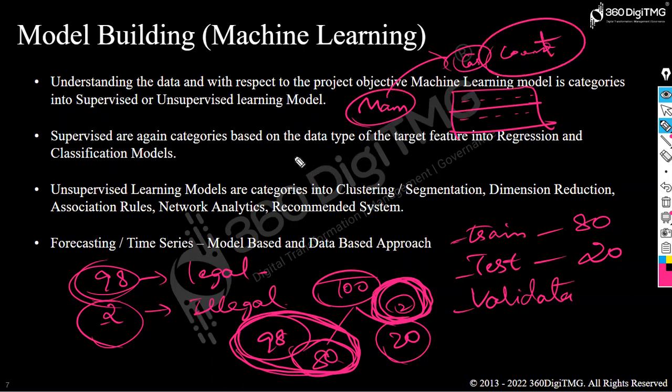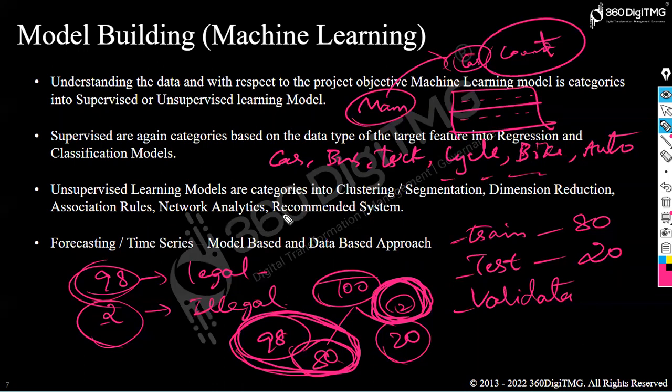Let's say the road has cars, buses, trucks, cycles, bikes, autos, and many more. So the man is trained only to understand how a car looks, what the different types of cars are, what the different companies of cars are, and also the dimensions. So the man has been trained to identify the car.